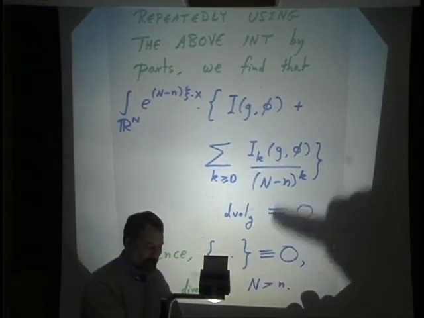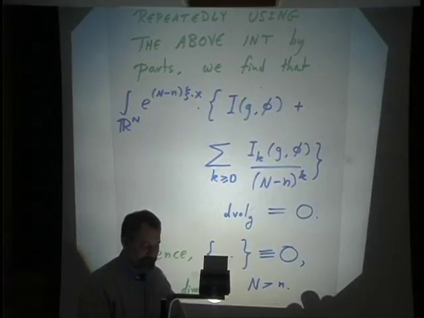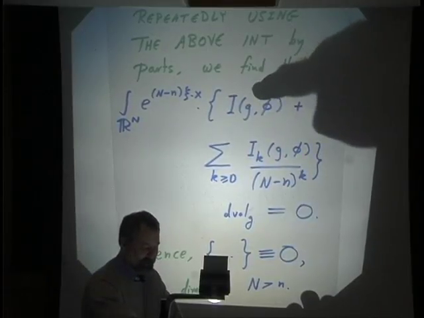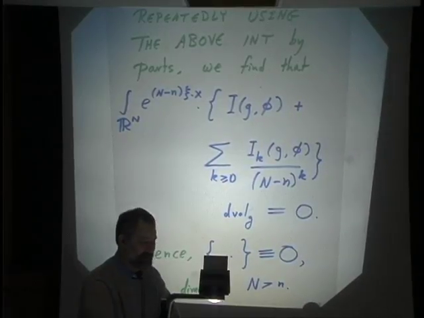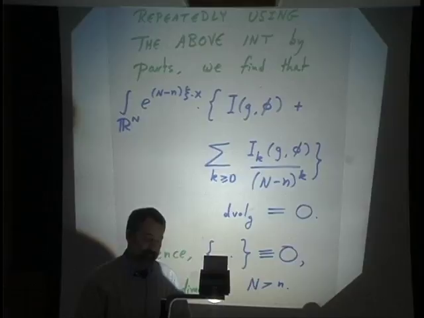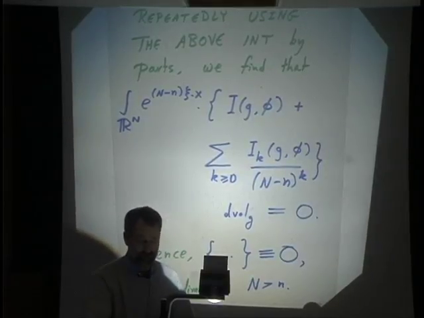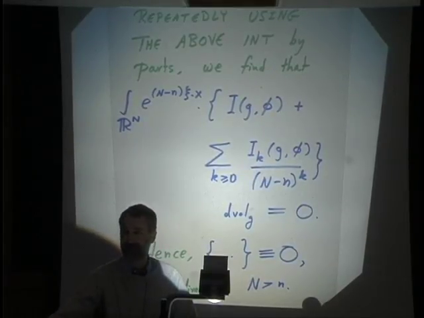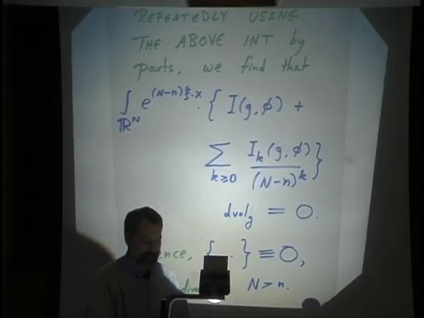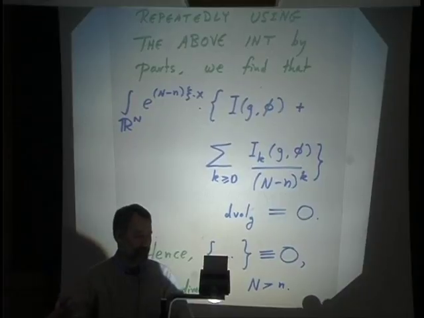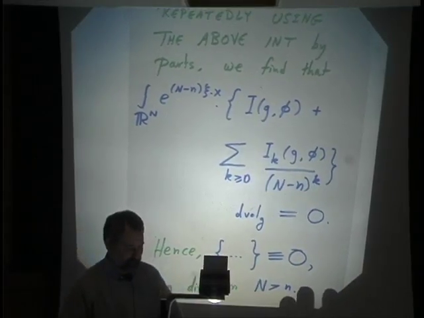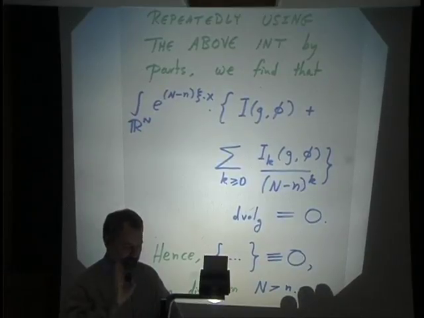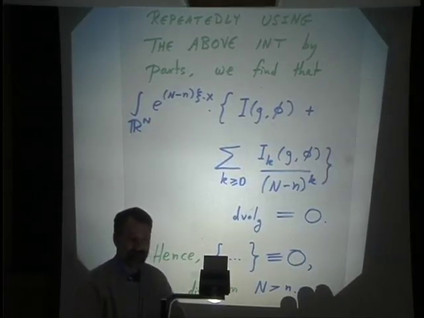And so now we know that this thing is 0. So we have our original I of g phi plus a whole lot of stuff like this, and that is 0 pointwise, except I should have said I've removed also some exact divergences. Simply, this thing is identically 0.